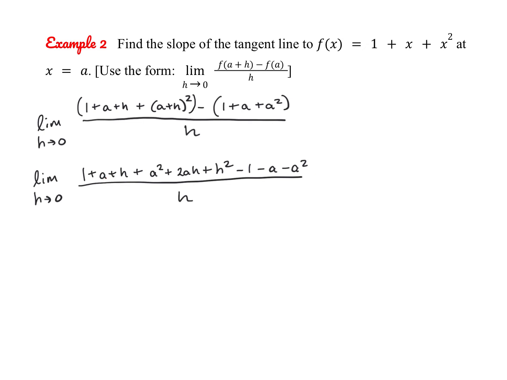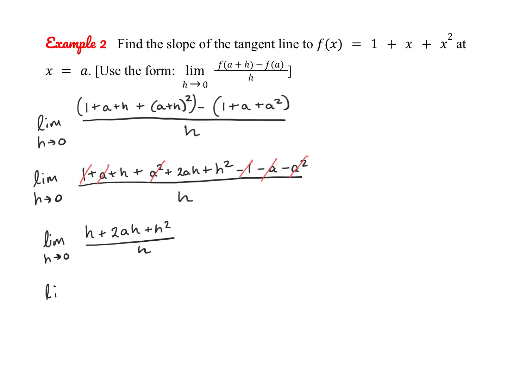Let's see what we can simplify from here. You might notice that the 1's cancel out, and the a's cancel out, and the a squares also cancel out. So we have the limit as h approaches 0 of h plus 2ah plus h squared all over h.